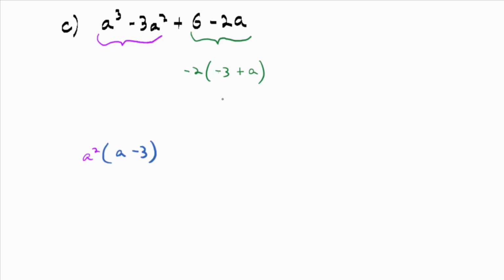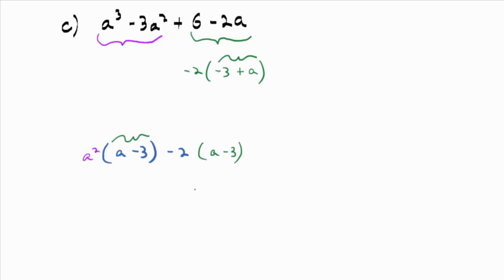Well, I'm good with the -2. That's good. But the thing is, inside the parentheses here we've got a minus 3. In here, we've got -3 plus a. But isn't that the same as a minus 3? A plus a -3 is the same as a minus 3. You can turn it around, in other words, make it a plus -3, which is the same as a minus 3. Does everybody see that? All right.